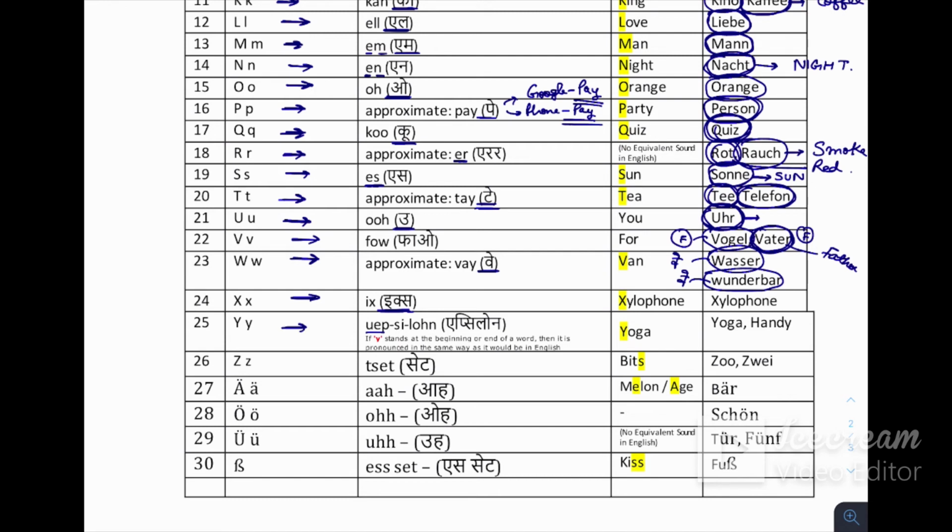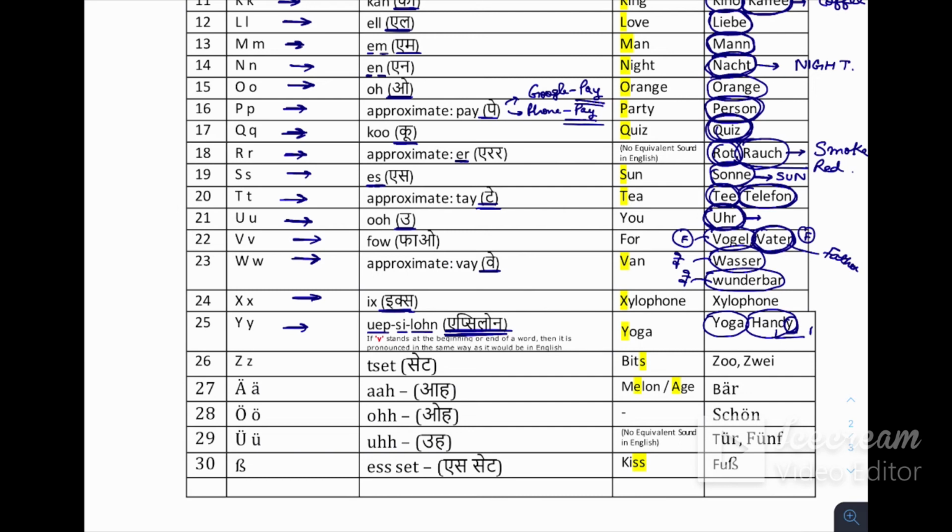Y is ypsilon. ये है आइडेंटिटी. ठीक है ना, जितनी भी है ये आइडेंटिटी है. मगर जब ये वर्ड के साथ आएगा तो कैसा होगा? Yoga, Yoga, Handy. यहाँ पे है Y. Handy means mobile, and yoga is yoga. Then Z. Z को कैसे करेंगे?